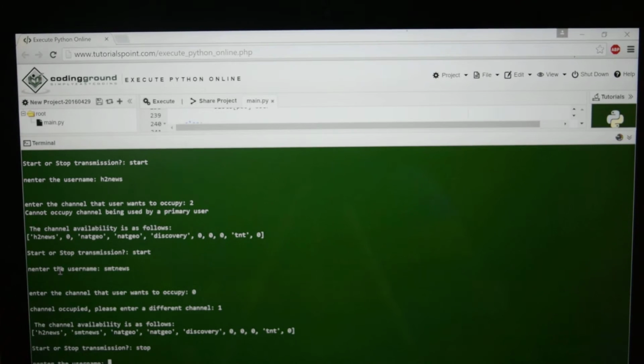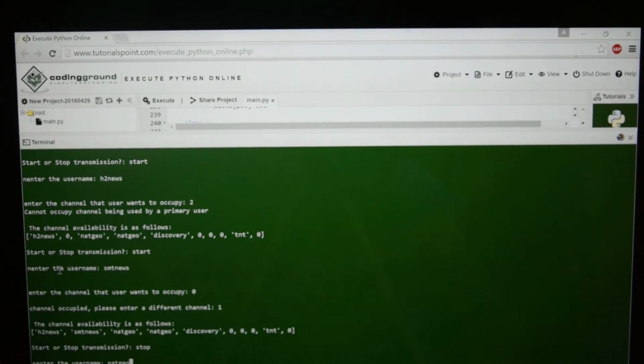So Nat Geo wants to stop its transmission. As we can see in this program, Nat Geo is already occupying 2 channels. So the user has to specify which of its channels it wants to stop. Let's say I want to stop the transmission in channel 2.